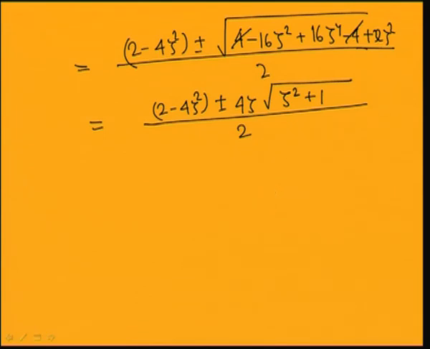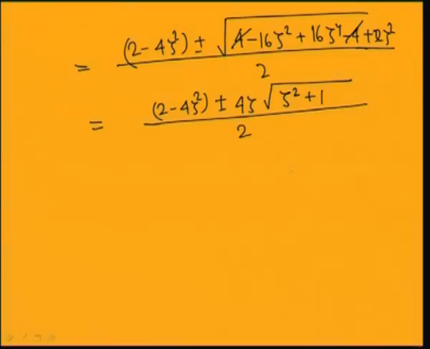When zeta is very small, then only the resonance will occur at omega equal to omega n. So you are considering that condition. When you are taking zeta small, then the zeta square term can be neglected.